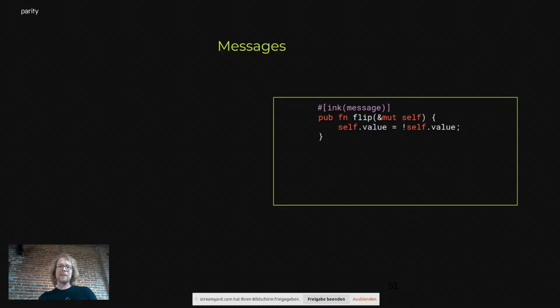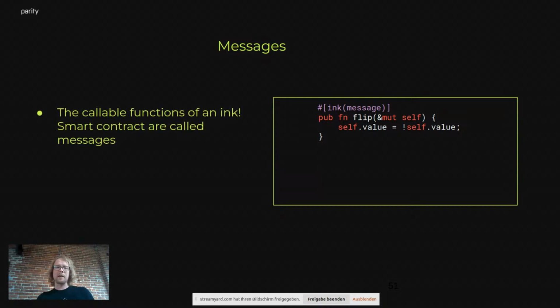And then the last thing which remains in the smart contract is that we want to expose the methods which we are then able to call from the smart contract. There were two messages, flip and get. This first message you see here doesn't receive an argument, and it doesn't return an argument. It just operates on the local storage of the smart contract.